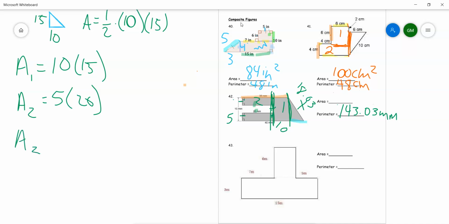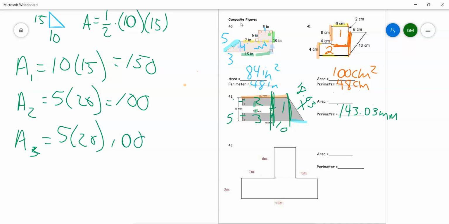Area of 3 is also 5 times 20. This is 150. This is 100, 100. Half of 150 is 75.